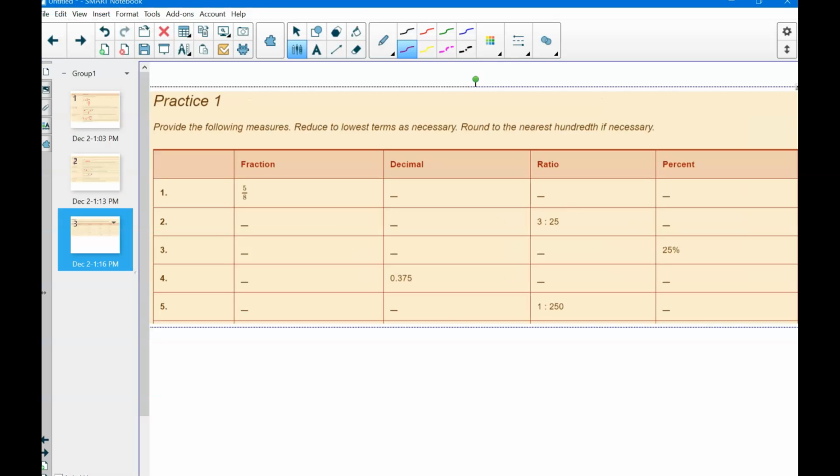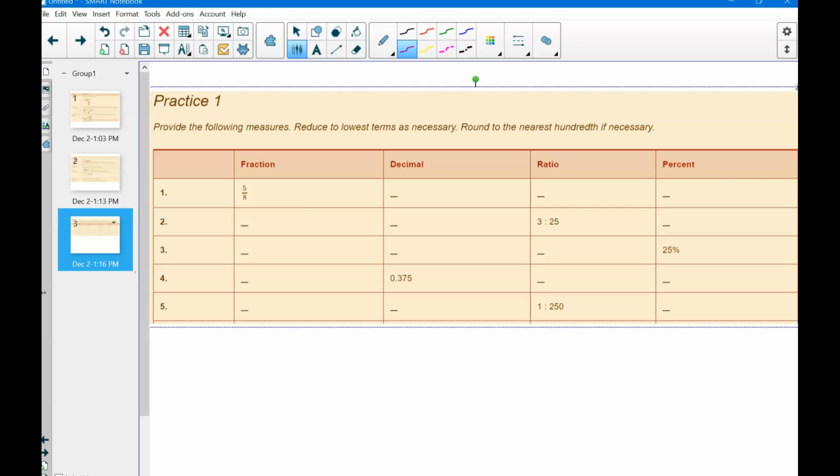We have 5/8, write it as a decimal, a ratio, and a percent. I'll give you guys a head start. Try it out. Go. Try this one out here. Number one, try it out.